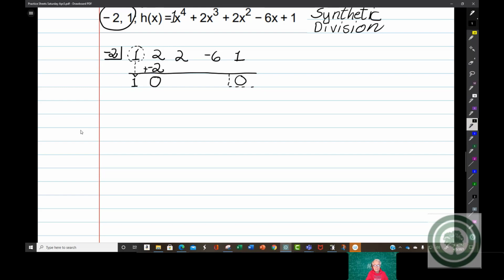Okay. Now I take this number that I just wrote and I multiply it by that number. 0 times -2 is 0. And I write it here. And then I add 2 plus 0 is 2.